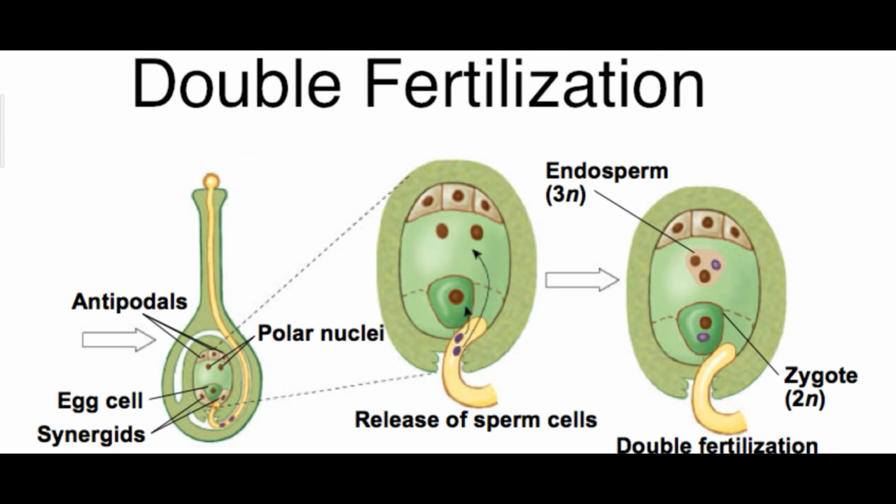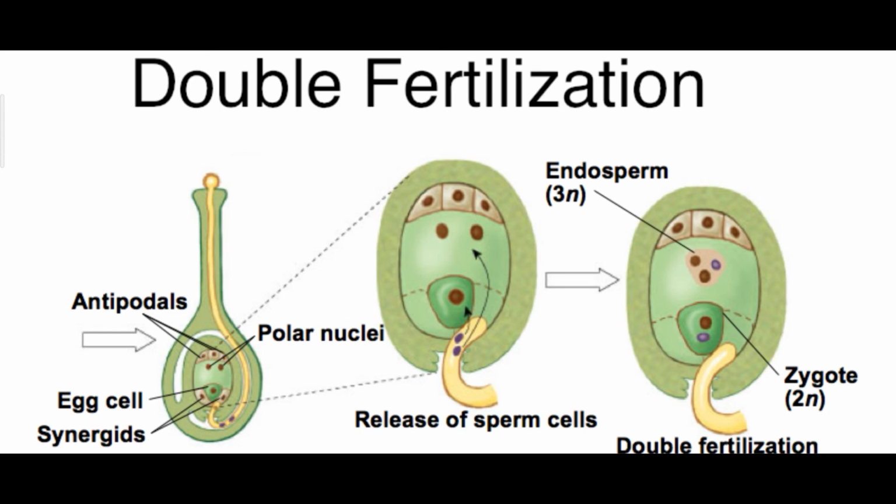And look at the middle picture. Here the pollen tube enters through the micropyle and releases the male gametes into the ovule. One male gamete will fuse with the egg cell and the other male gamete will fuse with the polar nuclei. After the fusion, all the other cells will disappear.